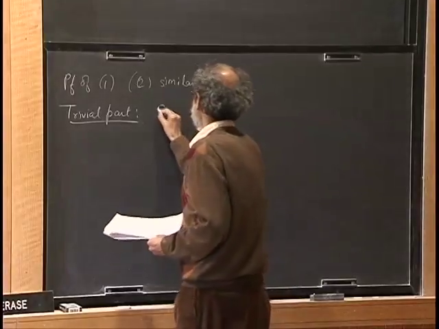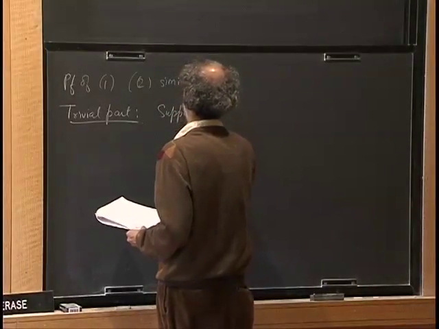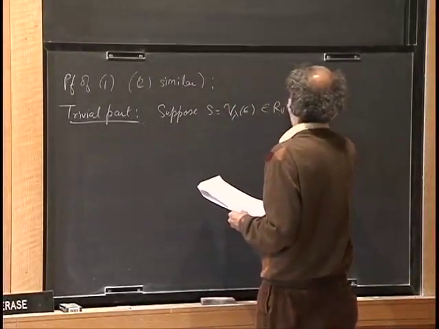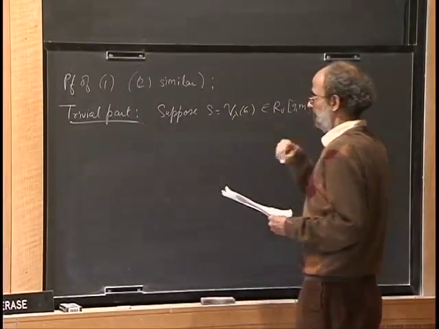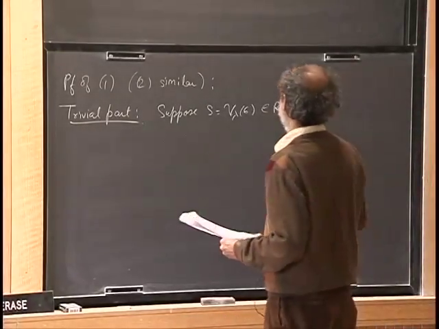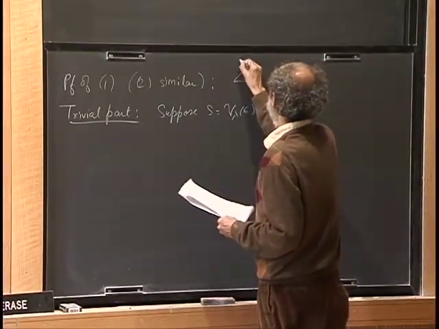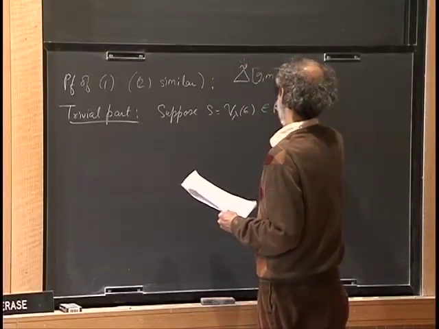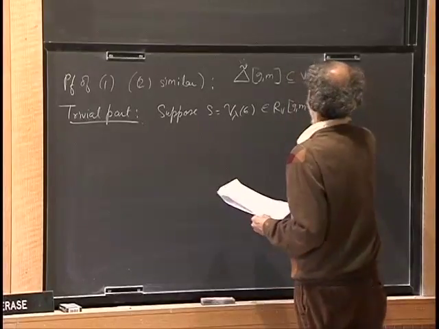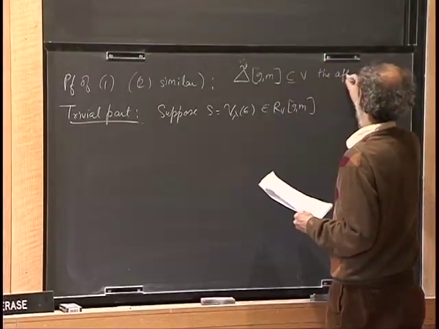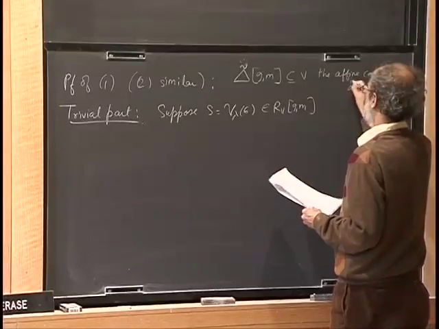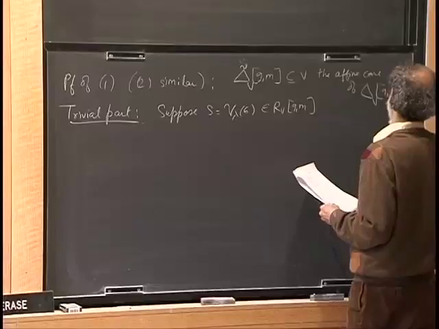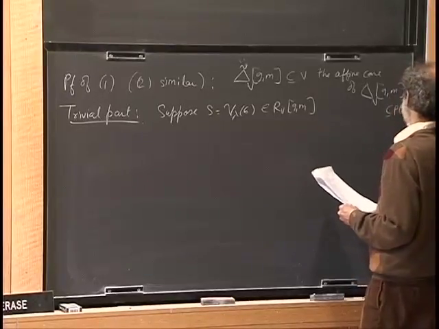Suppose S equal to V lambda G belongs to RVGM. And let us denote by this G M in V the affine cone of delta V G M. So this is a projective variety in PV.